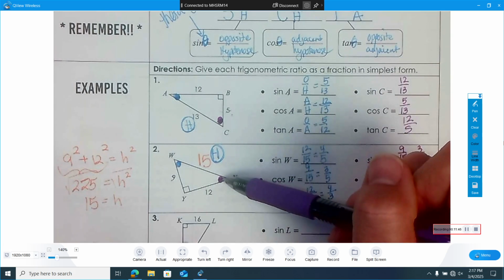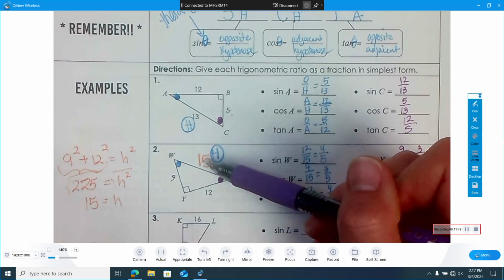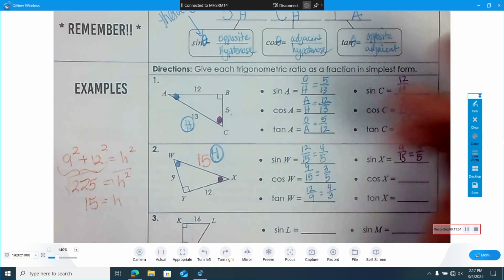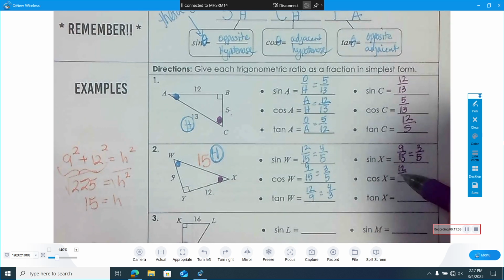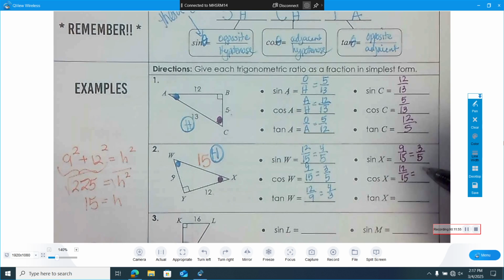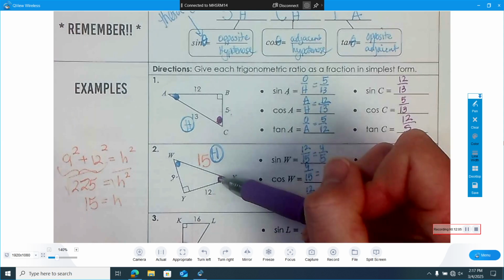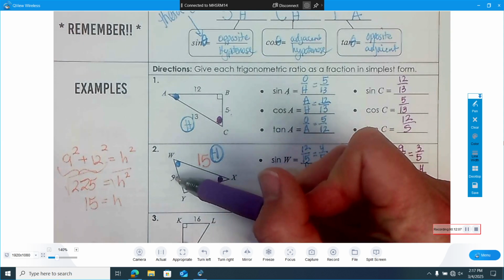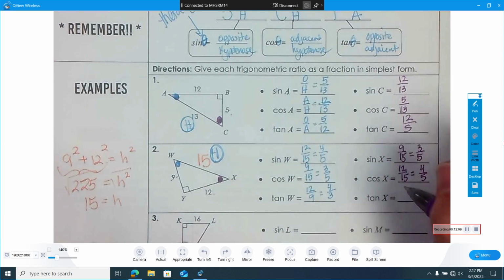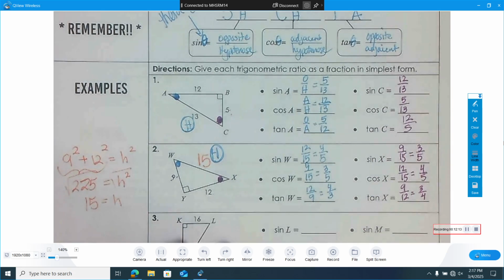Cosine according to angle X is adjacent over hypotenuse, 12 over 15, which would reduce to 4 over 5. And then tangent according to angle X is opposite over adjacent. So 9 over 12, which reduces to 3 over 4.